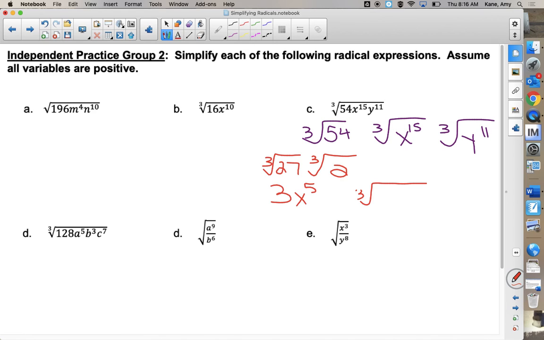No remainder. 3 goes into 11 3 times. And the remainder is 2. Would you put the 2 from before the 27? Oh, I forgot to. Thanks. Appreciate that. Cole was getting me there too. Thanks for watching out for me.